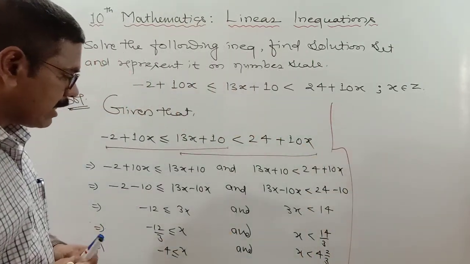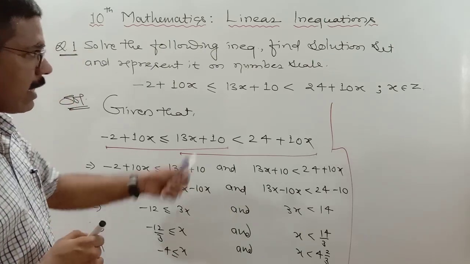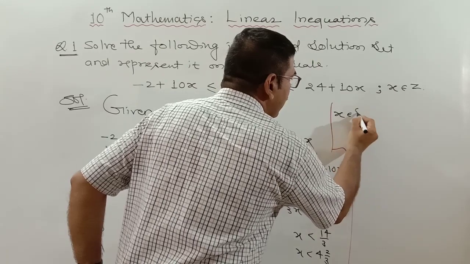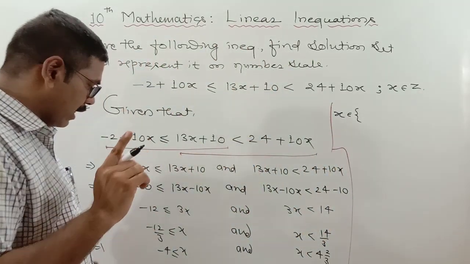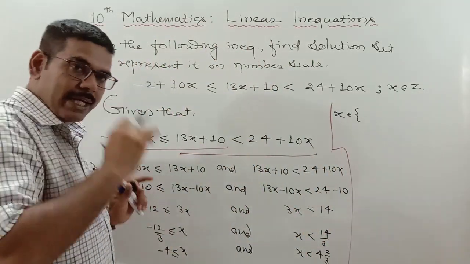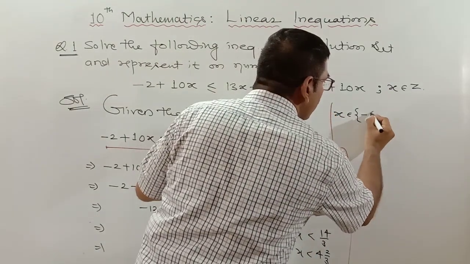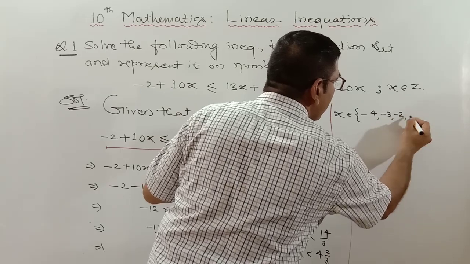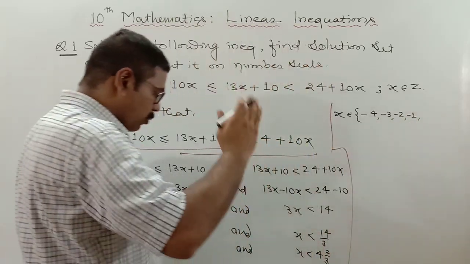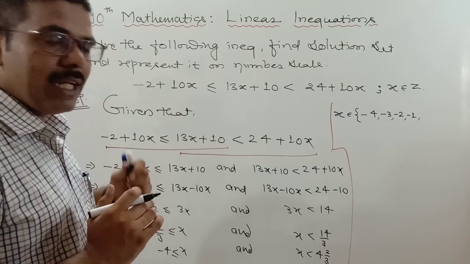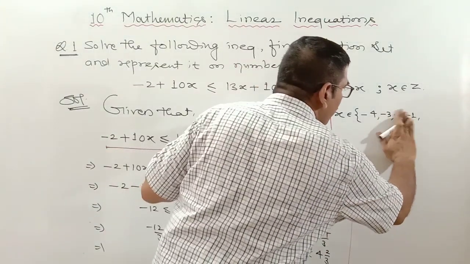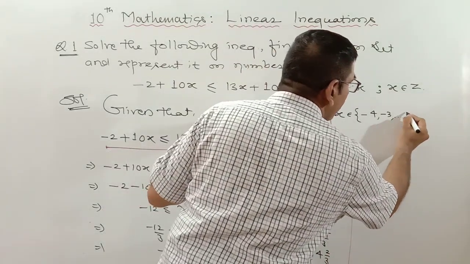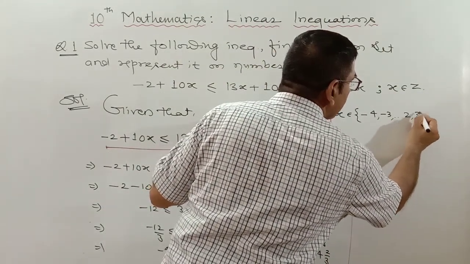x is greater than or equal to minus 4 and x belongs to Z, meaning integers. So x belongs to... Now I am writing the solutions here. Minus 4 is included since it is greater than or equal to. Minus 3, minus 2, minus 1, all these are greater than minus 4, and up to 4.